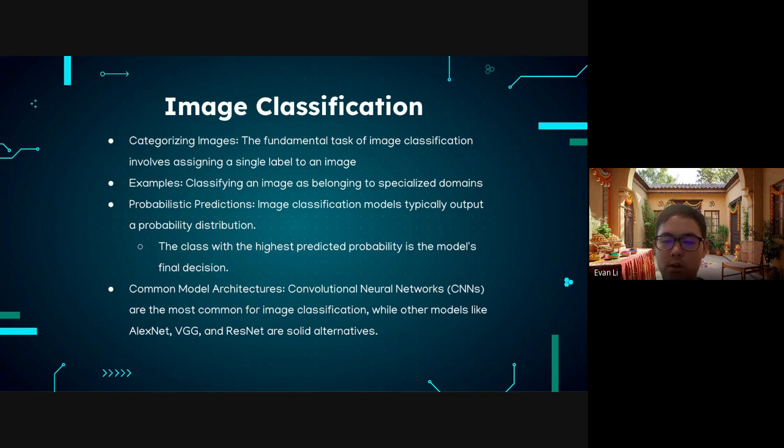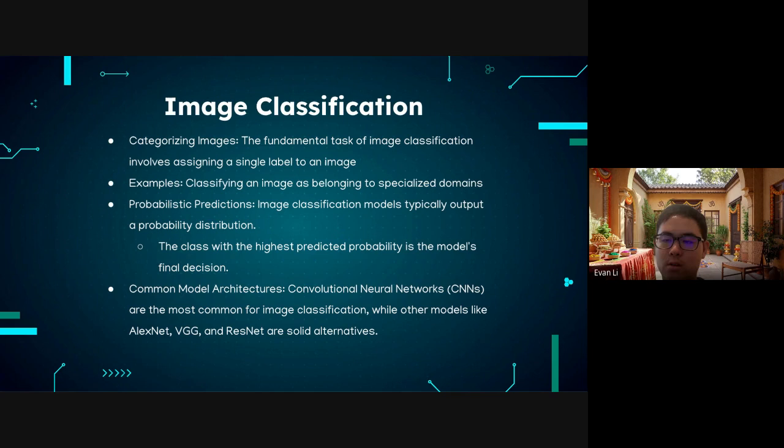The output of a typical image classification model is a probability distribution across all the possible classes it has been trained to recognize. This distribution indicates the model's confidence level for each class, and the class with the highest probability is declared as the model's predicted label for the input image.